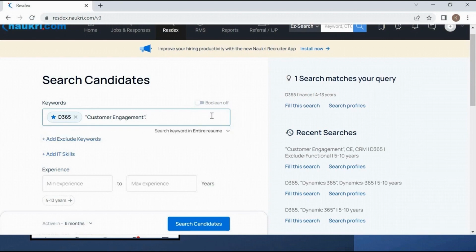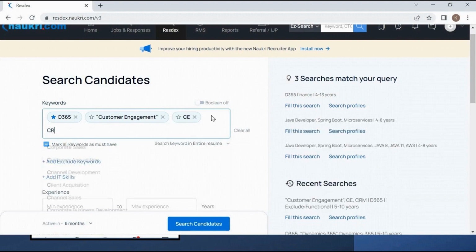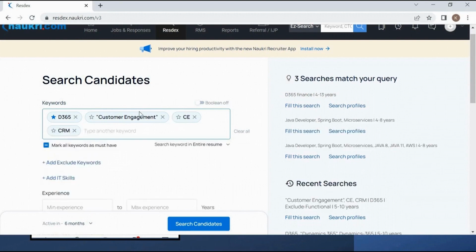And next is CE and CRM. Friends, here you can see I have mentioned three words: customer engagement, CE and CRM. Let me tell you, first of all, please notice this inverted comma. Friends, whenever we want two combined words in the resume of the candidate, then we have to mention them in inverted commas.